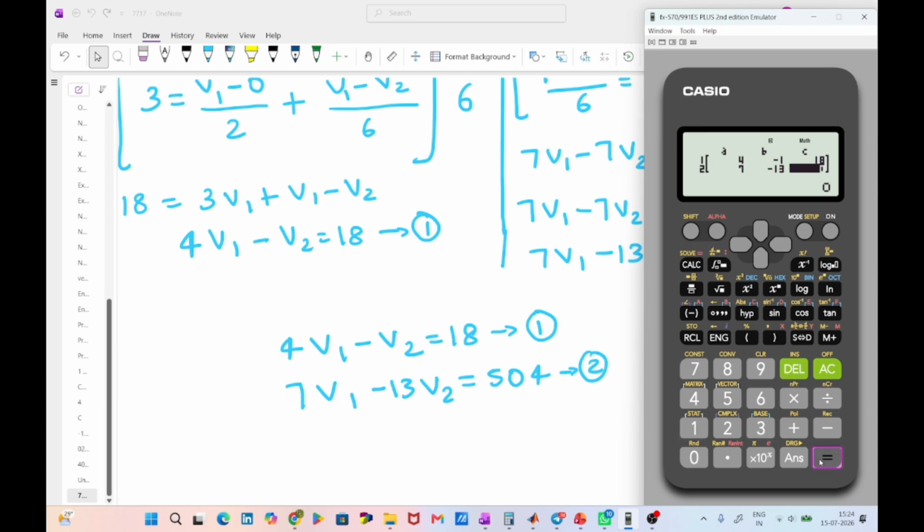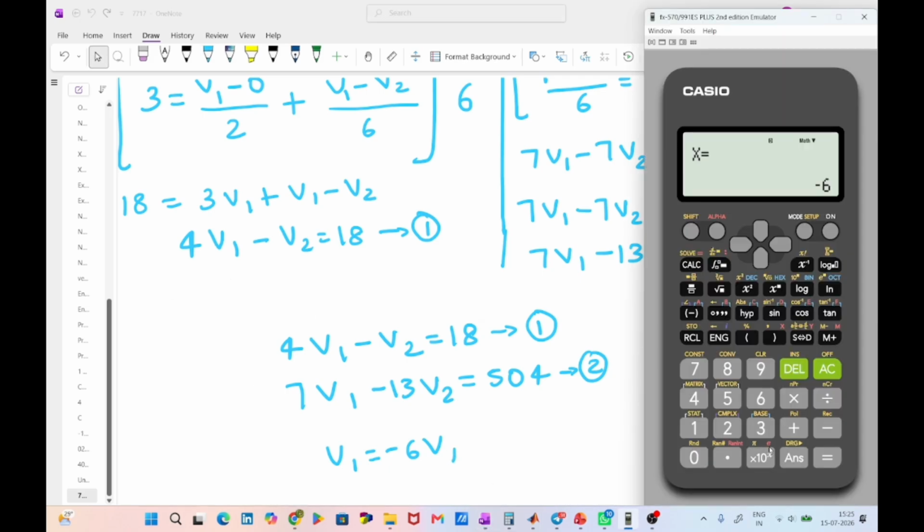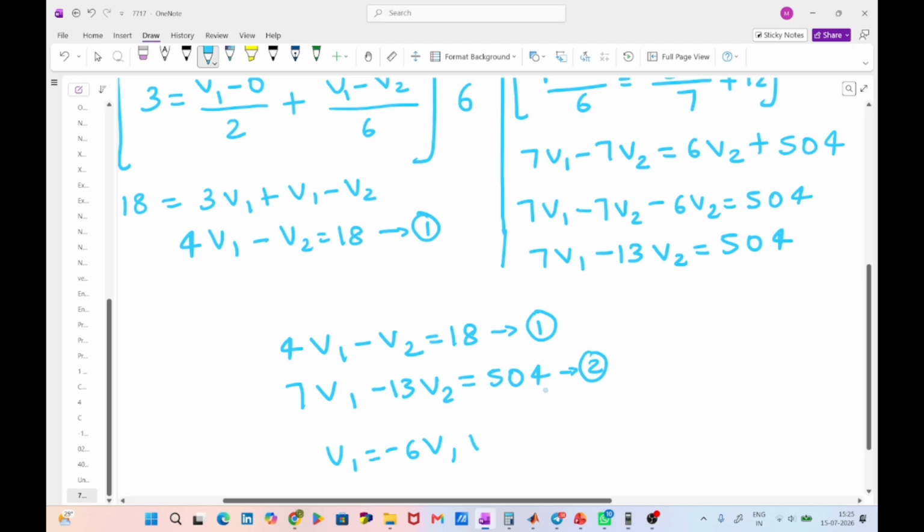Then click on equals, and V1 is equal to minus 6 volt. Again click on equals, then V2 is equal to minus 42 volt.